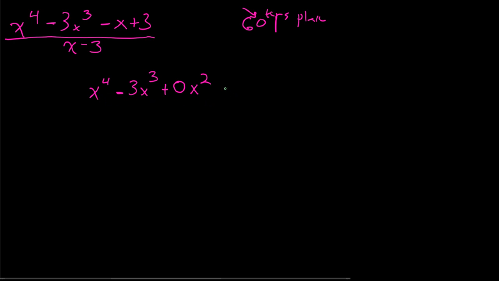In this polynomial, I have to put a 0x squared in to hold that place. But on the divisor, that's not as important. So in the dividend part, we definitely want each x power represented. But in the divisor, it's okay to not have them in order. So notice when I did the x squared plus 1, I didn't put x squared plus 0x plus 1.